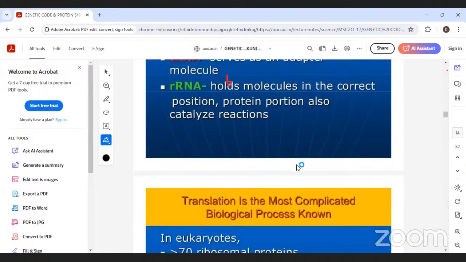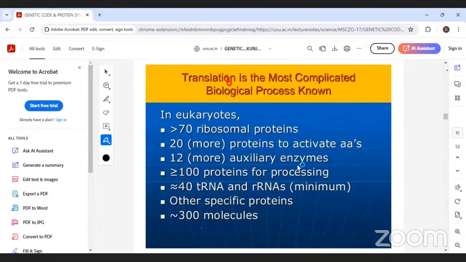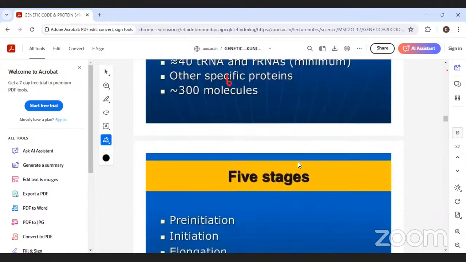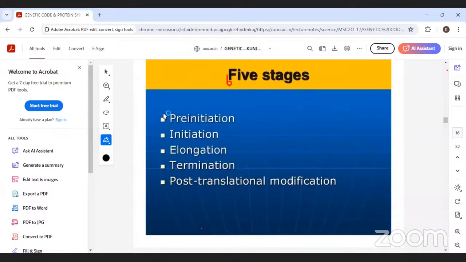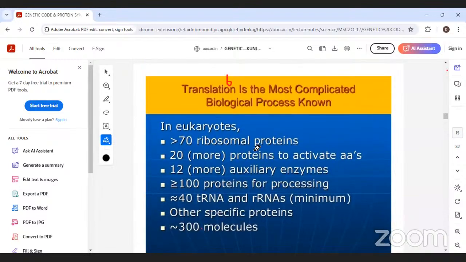The protein portion also catalyzes reactions. Translation is the most complicated biological process in eukaryotes. Five stages are there. Translation is the most complicated biological process.